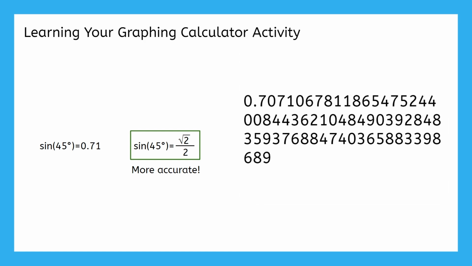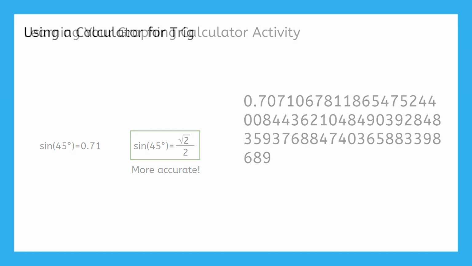Even this answer, with 64 decimal places, is rounded. No calculator can ever give you an exact decimal equivalent for an irrational number, because there is no exact decimal equivalent for an irrational number. The only way to get an exact answer is to use the special right triangle to find the fraction.